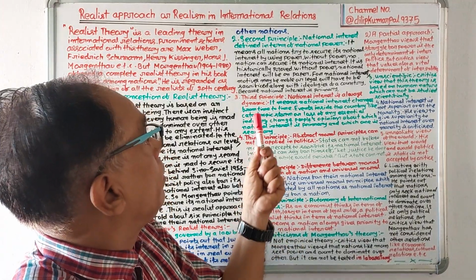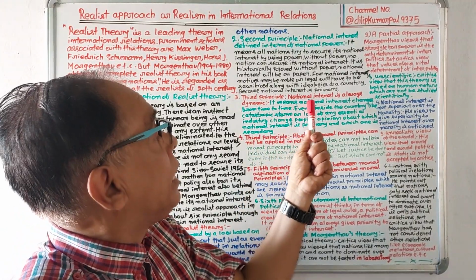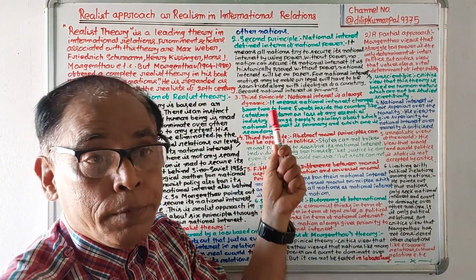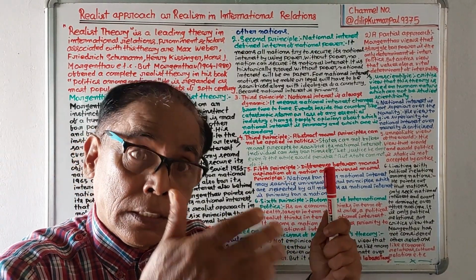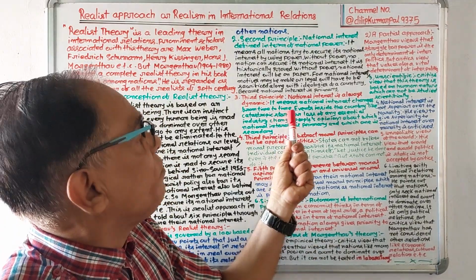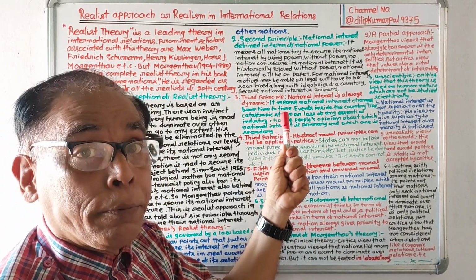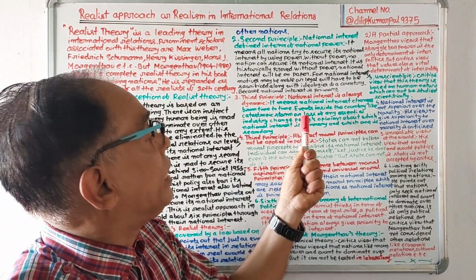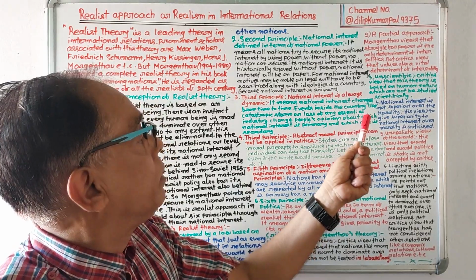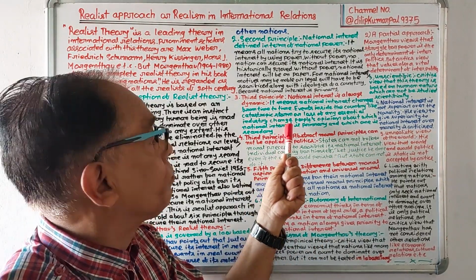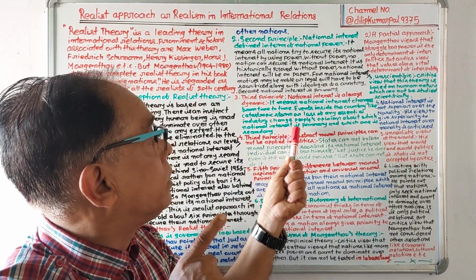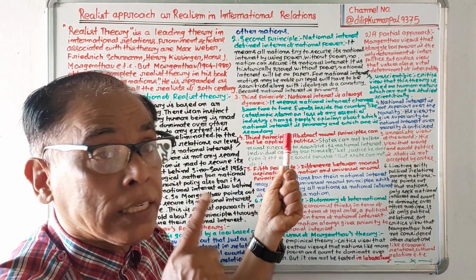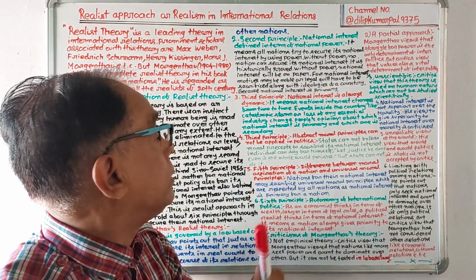Number 3. Third principle: national interest is always dynamic. It means the national interest of countries changes from time to time. Events inside the country, like a catastrophic storm or loss of any essential industry, change people's opinion about which national interest is primary and which is secondary.